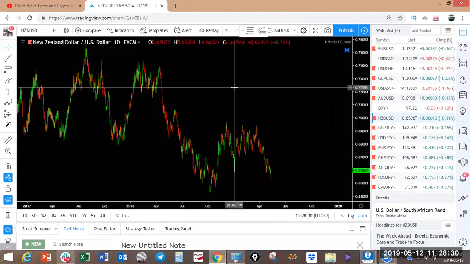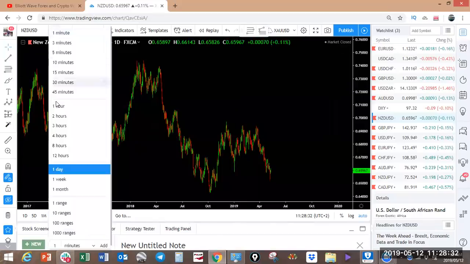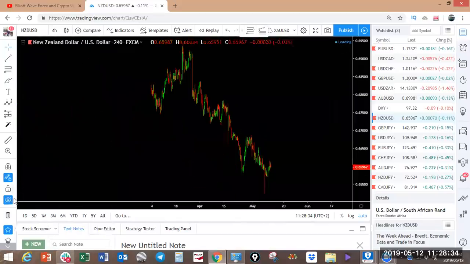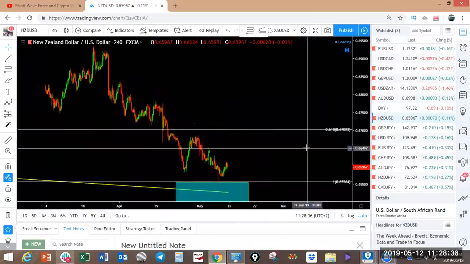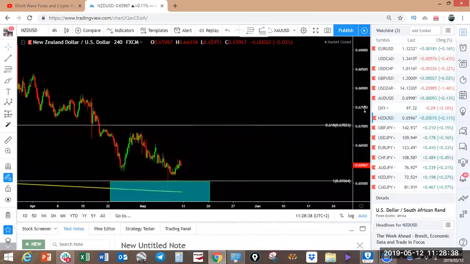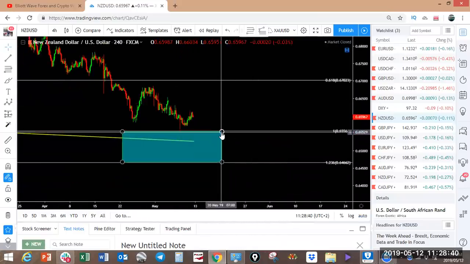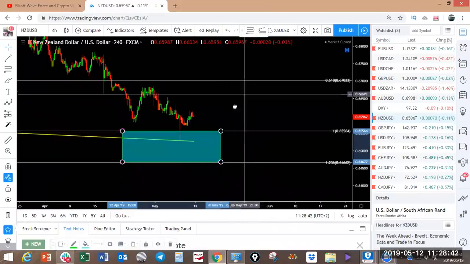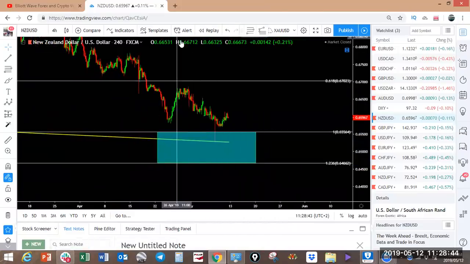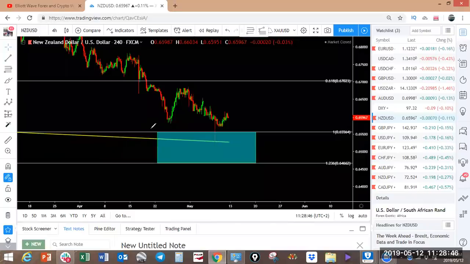Okay, let's go to the 4 hour and show. You can see that it has already moved into the blue box. You see the reversal there. So this blue box was not drawn after this move, it was before. That's why you see that this has come into the blue box, has made a pulsing move. Now we've got a corrective structure here.